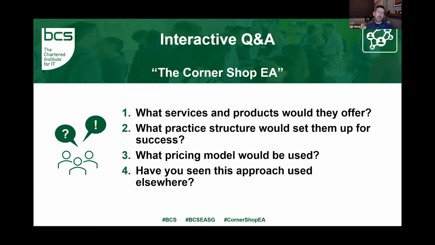So going in and saying, I'm going to define your target state architecture perhaps isn't as meaningful to them, whereas you may say, what's your business problem? I'll help you formulate a strategic plan for it. But what kind of services and products would they offer?